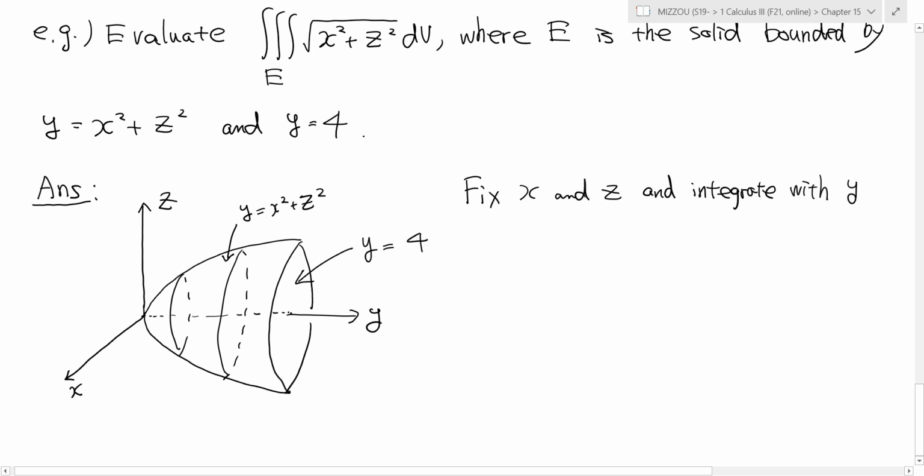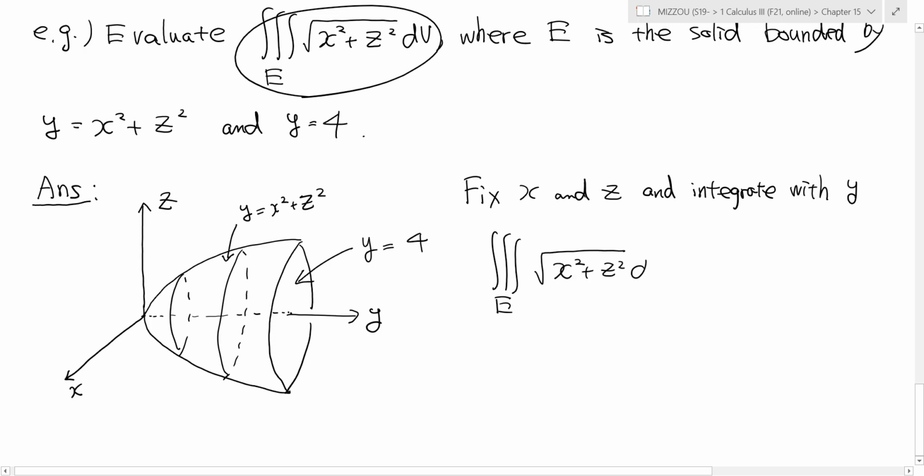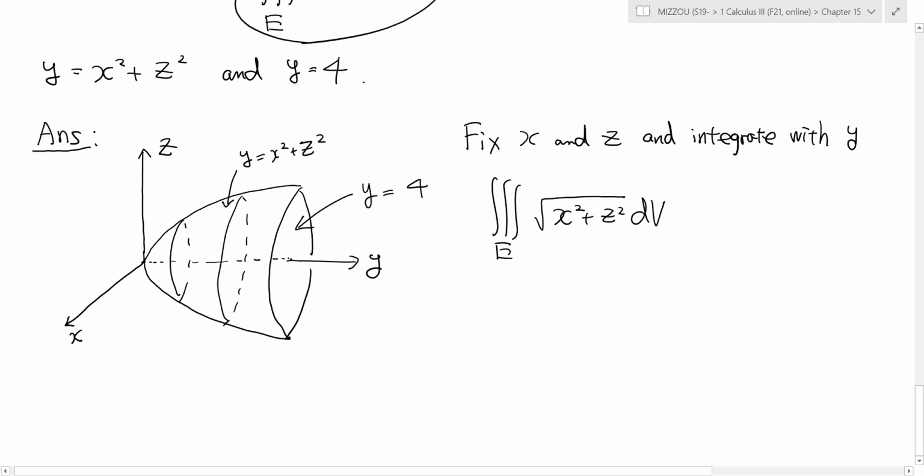So the given triple integral is a double integral, and then y is from the lower limit, the bottom surface, so to speak, that's x squared plus z squared, and the upper limit is 4, of the root of x squared plus z squared dy.